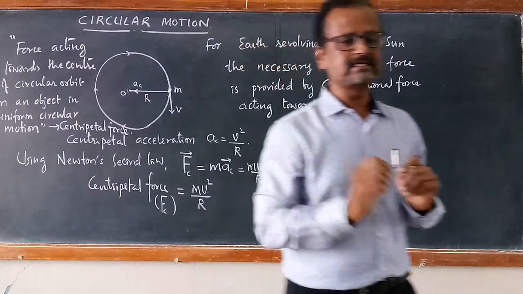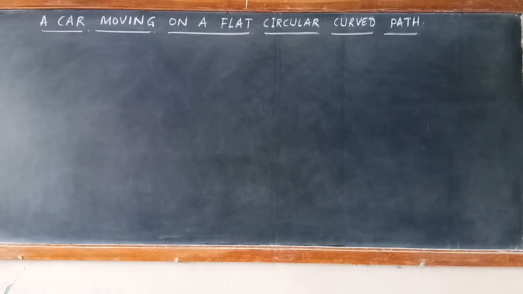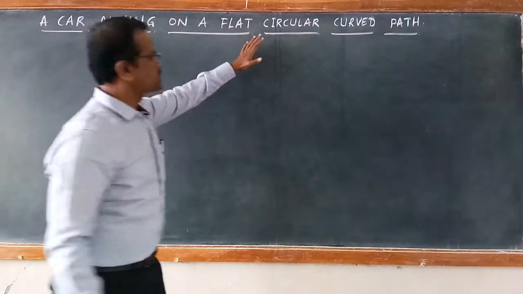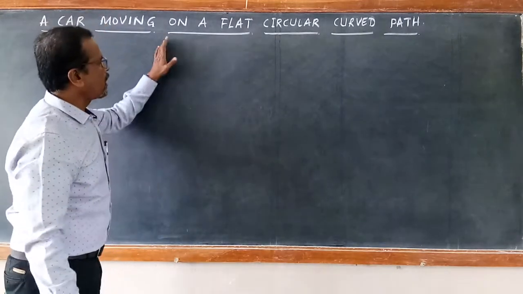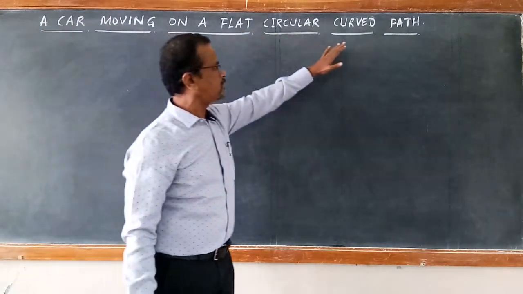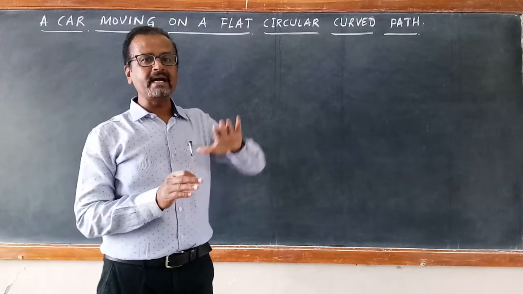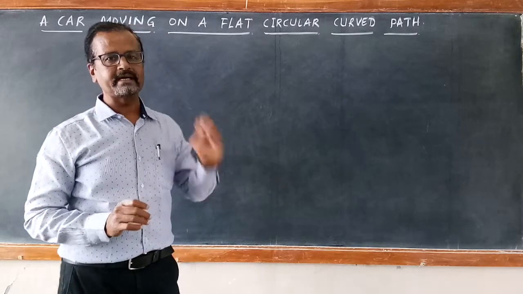Let us see that example. Now let us consider a car moving on a flat circular curved path. There are two cases here. Car moving on a flat circular path. Another one, car moving on a banked road, a little bit elevated road. That is going to be the second case.